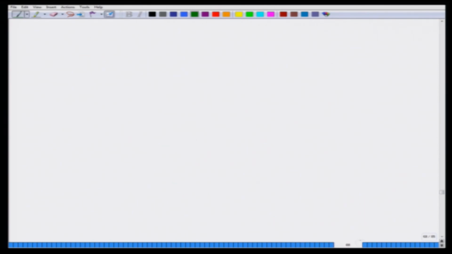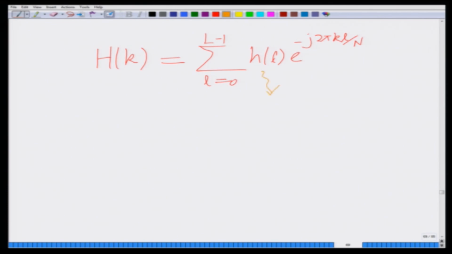And now, I am not going to go through the details again, but if I look at the expression for H of k, each H of k is the summation l equal to 0 to capital L minus 1 of h of l e to the power of minus j 2 pi k l by N. Each h l is complex Gaussian, which means it follows that H k, which is a linear combination of the small h l, is also complex Gaussian.